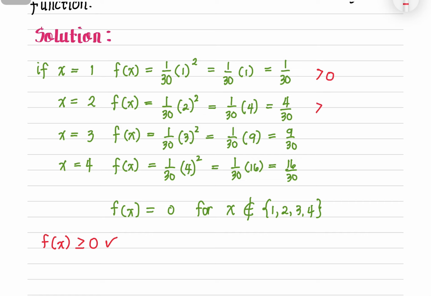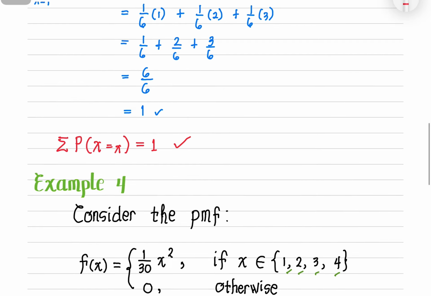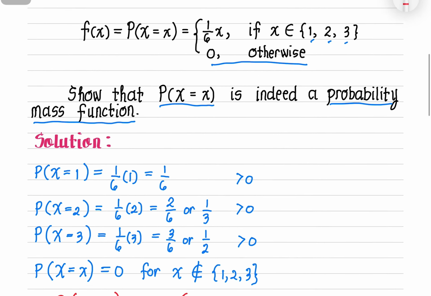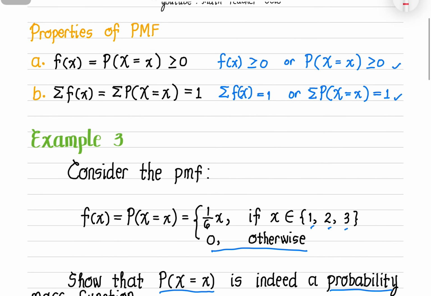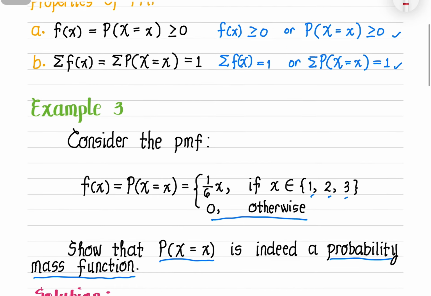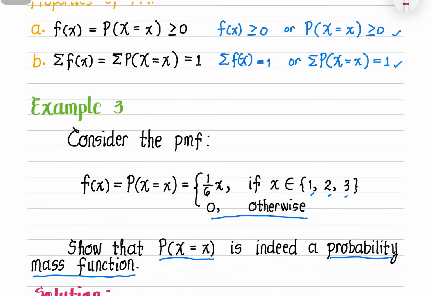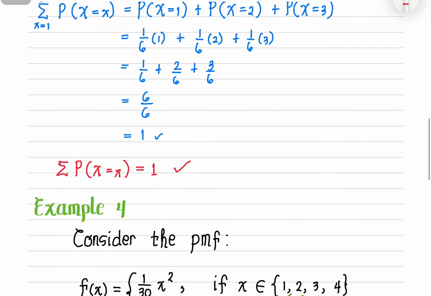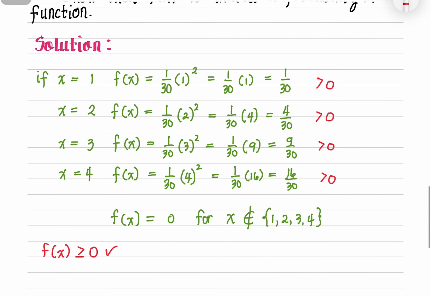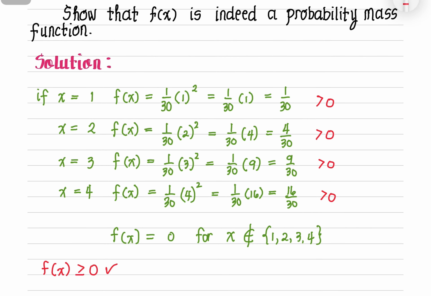Same with 4 over 30, greater than 0 pa rin yan. So, along with 9 over 30, still greater than 0 pa rin. And of course, greater than 0. So, di ba sabi natin sa first property, dapat must be greater than or equal to 0. Okay? Yung ating bawat probability, no? So, ibig sabihin, yung first property is satisfied. Gets?